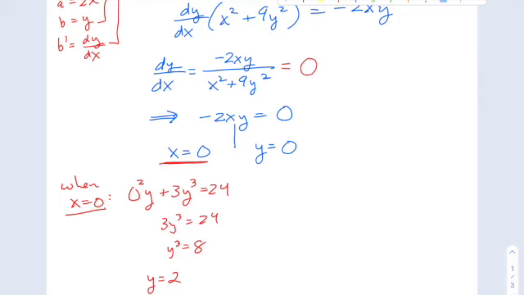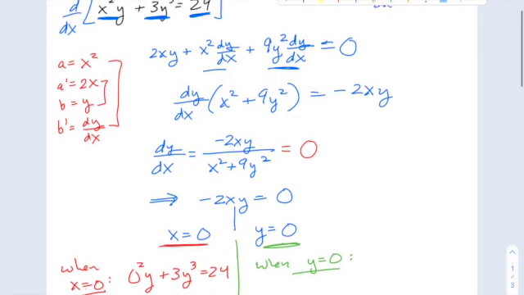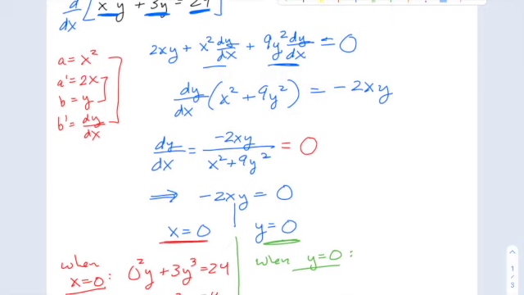There's that point. But now I do also want to consider, what about this case? When y is equal to 0. So I'm going back to the original equation here, if you need to scroll back here to see it. And when you plug 0 in for y, what do you get? So we'll have x squared times 0 plus 3 times 0 cubed equals 24.